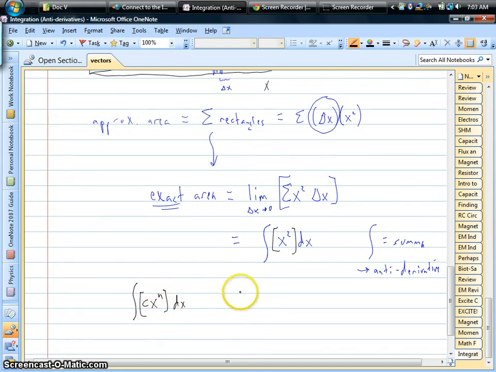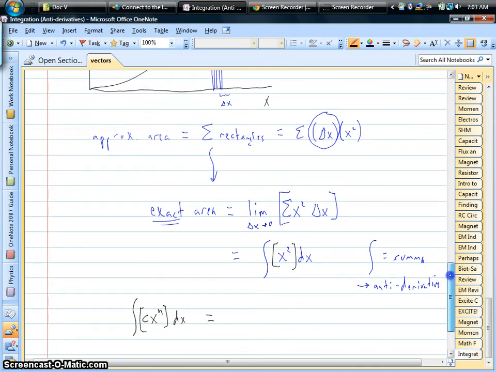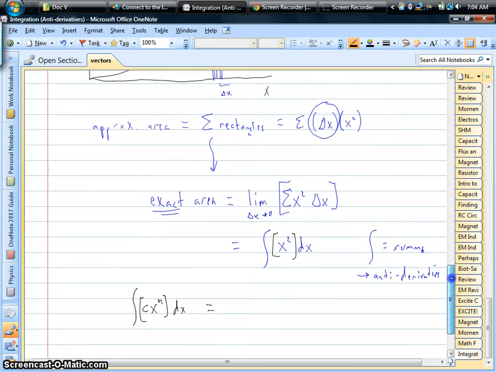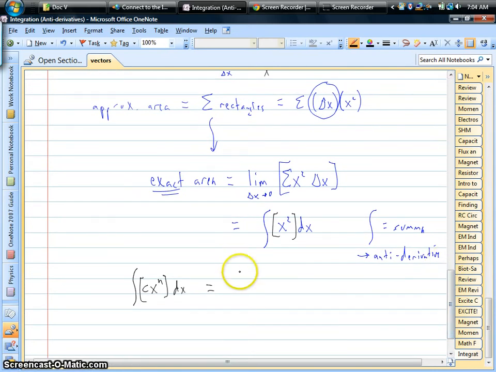Whatever this function is, in order to be able to find the areas, it turns out we have to find the antiderivative of the function. Okay, and our rule is going to be whatever the constant out front is, that coefficient.